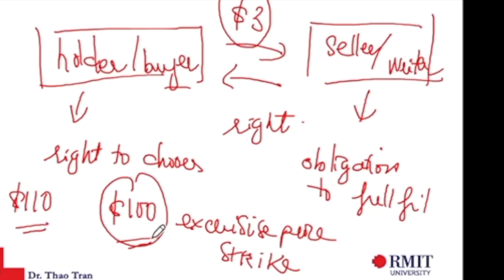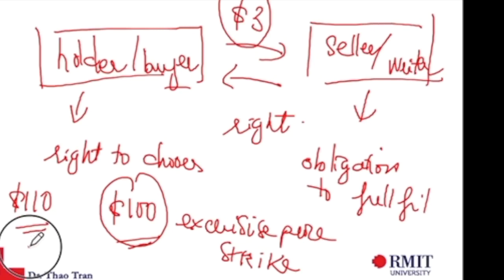So I can pay a cheaper price for the same financial calculator that is sold in the market at the higher price. That is the gain for me. And when I choose to exercise the option and buy it for $100 after 7 months, the seller of the option will have the obligation to sell it to me at $100, right?